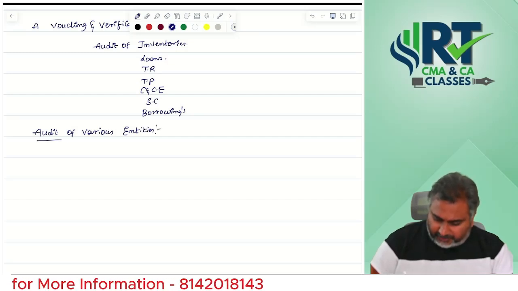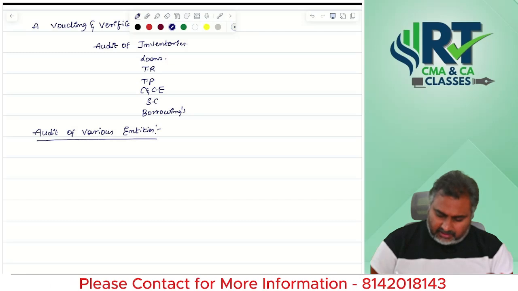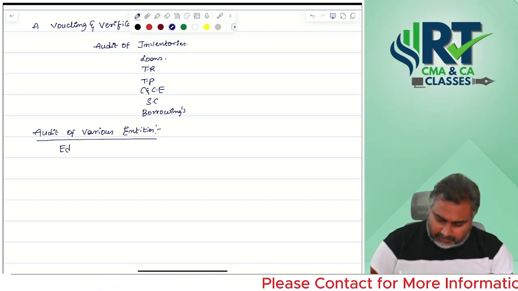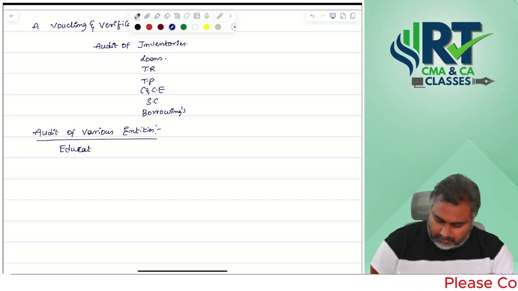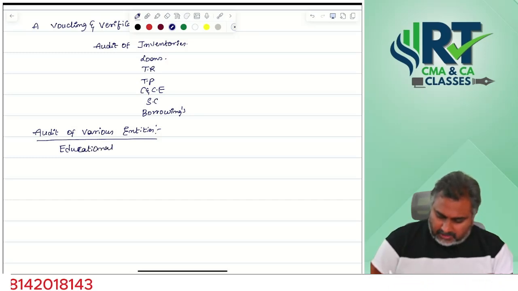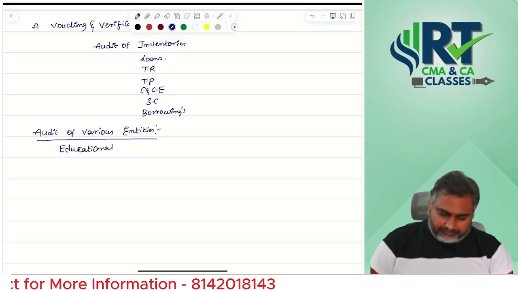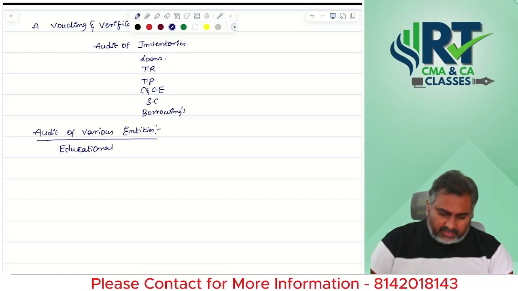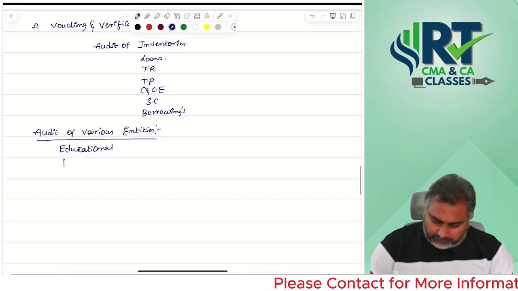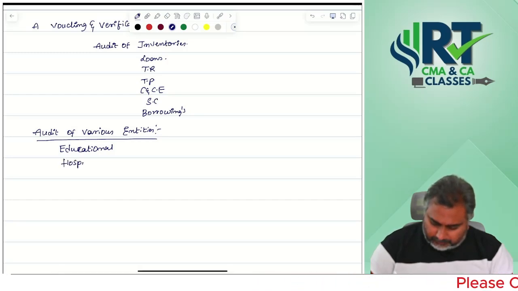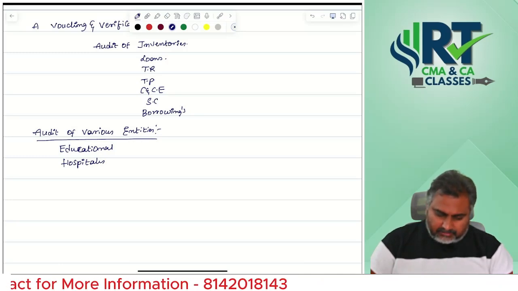Audit of various entities: first focus on educational institutions. Next focus on hospitals.